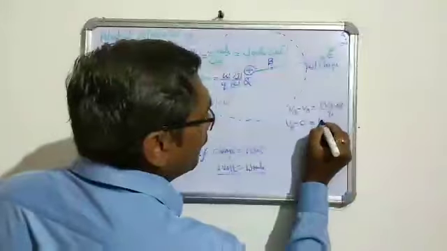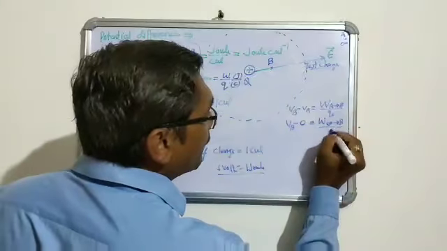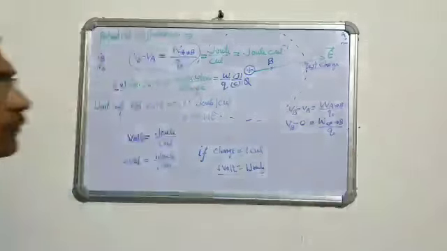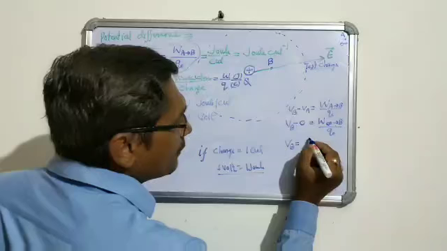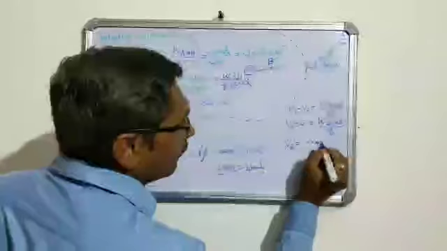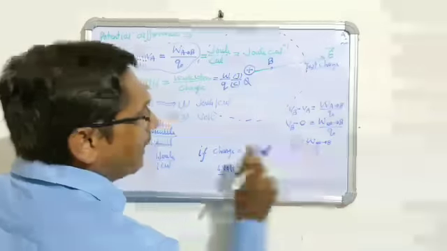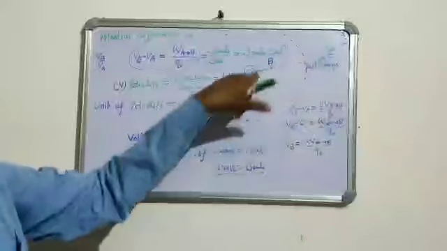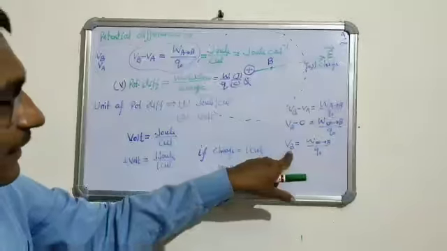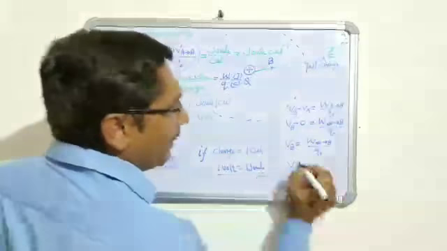So the work done is W from infinity to B, and the formula is VB equals W from infinity to B upon Q naught. And here there is only one point situated inside the electric field of this charge, so we can say VB is equal to V. So V equals W upon Q naught.